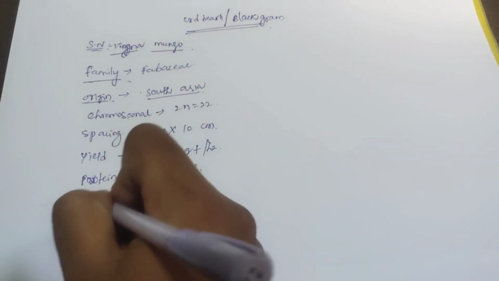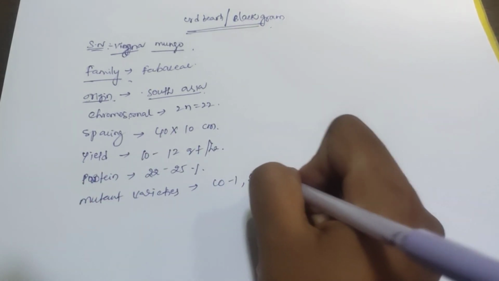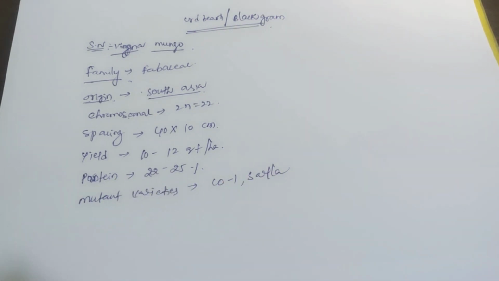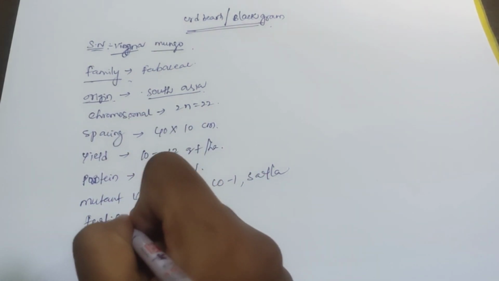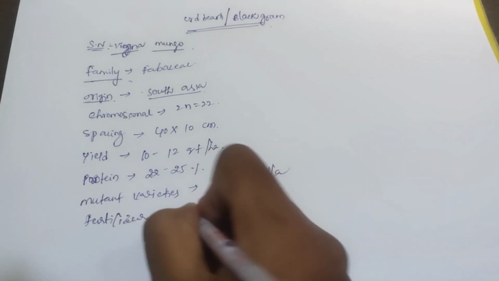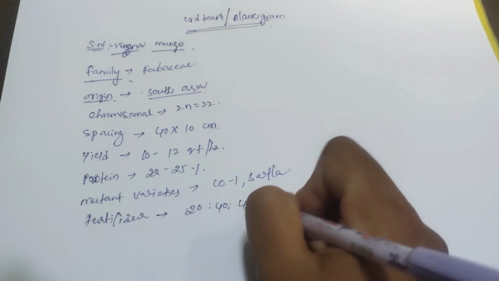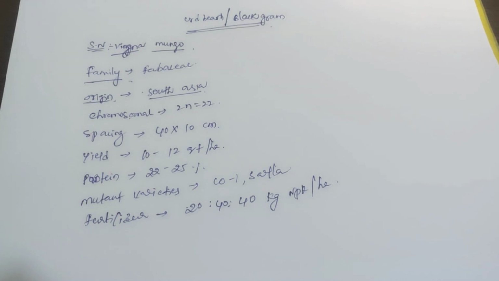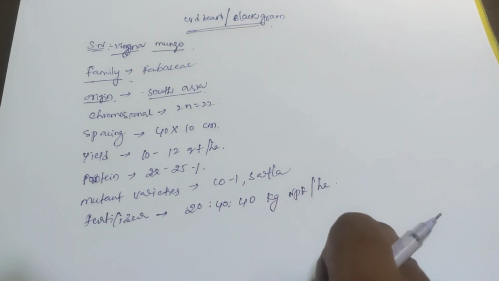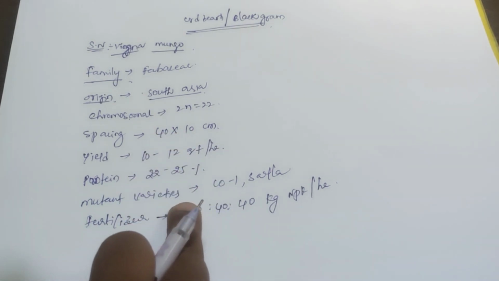Mutant varieties: Kovan and Sarla. These two are the mutant varieties. The fertilizer we recommend for urd bean is 20, 40 and 40 kg NPK per hectare for black gram. This is the important content regarding black gram. Please note down all the points.